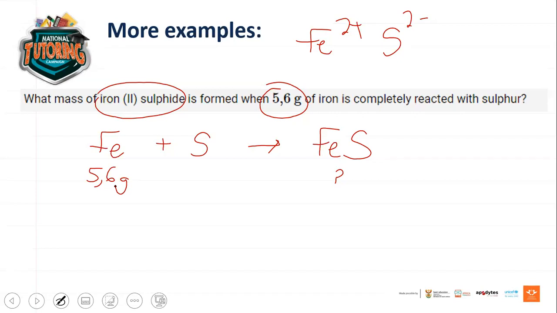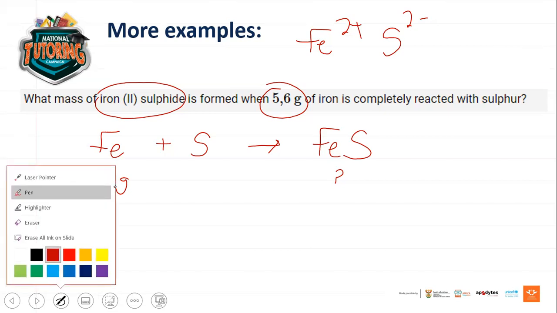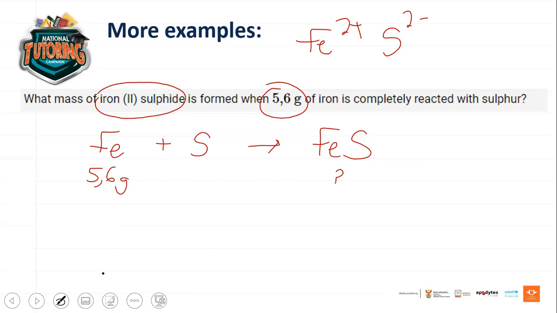In order to do these calculations, you always need to use the number of moles to work from. So our first step, now that we've deciphered what the question has asked us and we've written a balanced chemical equation, is to work out the number of moles. So the number of moles of iron is going to be our mass.